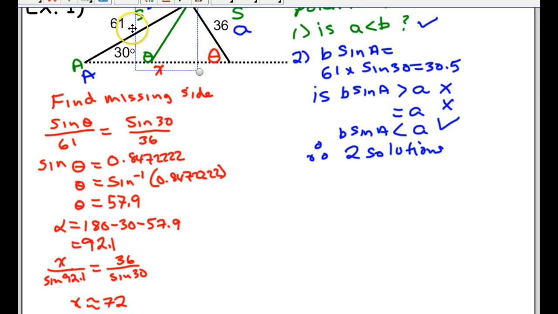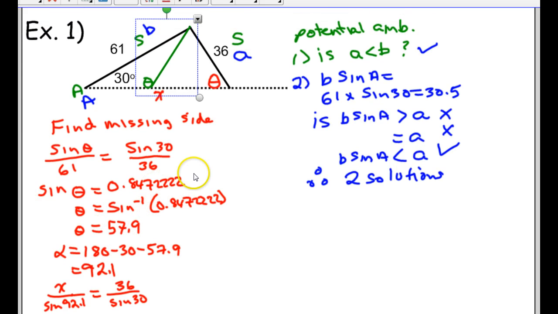Sine of this angle divided by 61 will be equal to sine of this angle divided by the 36. And the question is the same as it would have been in any previous questions. In order to finish up, I eventually need to get here, so I need to know what this angle in here is. I'll call that alpha for now.